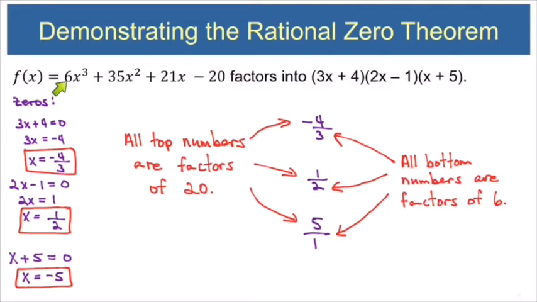And we know that any number that is a zero is going to have one of these factors as its top number, and it's going to have one of these factors as its bottom number, and that way we just get a potential list to work from.